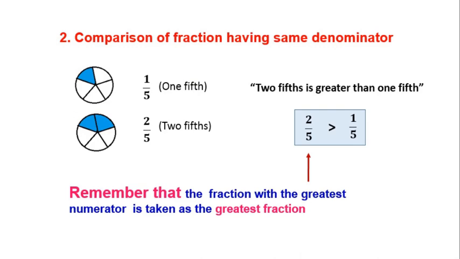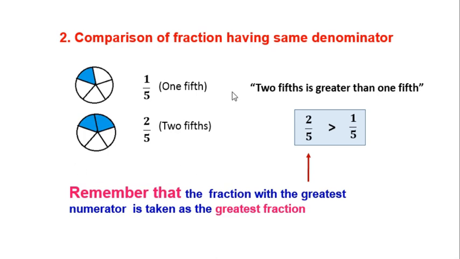This one, comparison of fractions having same denominator. You can see the figures and the denominators are the same, but the numerator is different. When you observe the figure, you can understand very easily the second figure is greater than the first one.